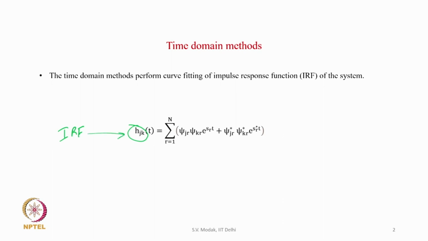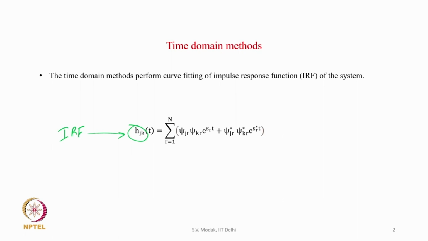It consists of contributions from n complex conjugate mode pairs. Each physical mode of a multi-degree of freedom system with non-proportional viscous damping is described by two complex conjugate modes, and therefore, if there are n physical modes, there will be 2n complex conjugate modes, that is n complex conjugate mode pairs.